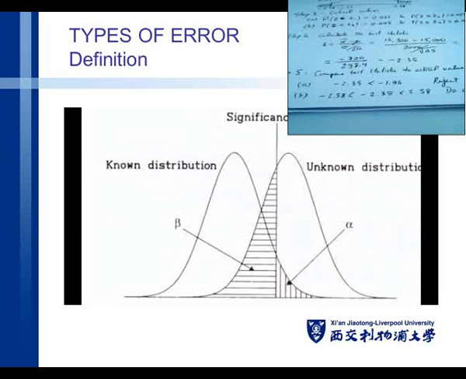But if the true distribution was like that, your type 2 error is going to be this area.